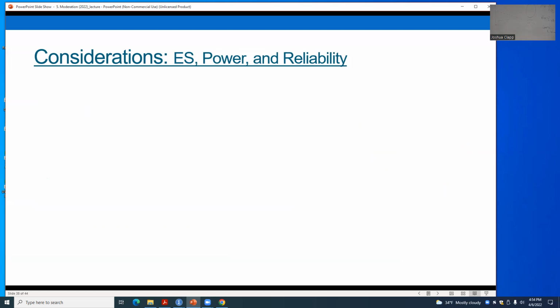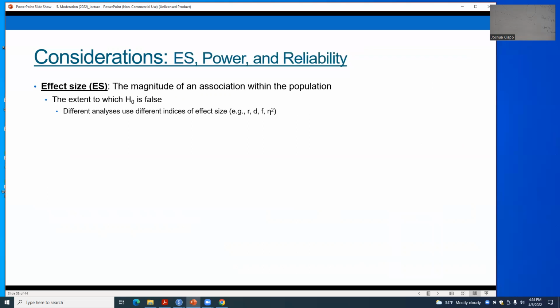And effect sizes within the context of these multiplicative models, okay? Remember, just as a review, when we're talking about effect size, we're talking about the magnitude of some effect within the population, okay? This is an unknowable value. It's a theoretical value, something that in theory we could technically observe if we were to get everybody in the population and actually look at it, but from a practical standpoint, we'll never do that.